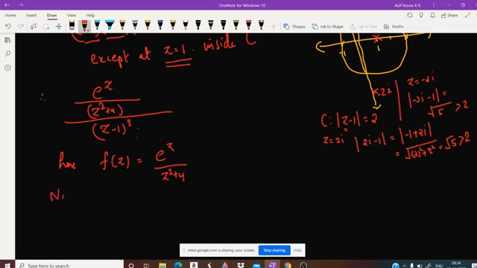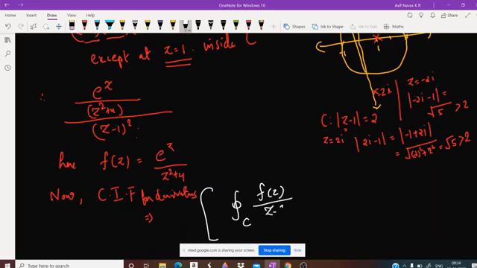Now, what is the Cauchy integral formula for derivatives? The Cauchy integral formula for derivatives: integral over C of f of z divided by z minus z naught all power n plus 1 dz is equal to 2 pi i divided by n factorial into f nth derivative at z naught.